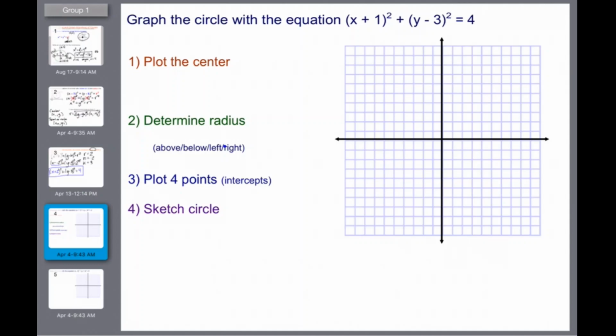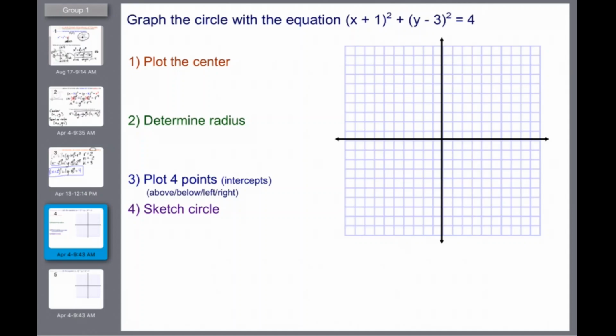Your 4 points should be above, below, left, and right of your center. I'll show you what that looks like. And lastly, we want to just sketch the circle on the outside. That's where those 4 points come in handy. You'll see in a second.